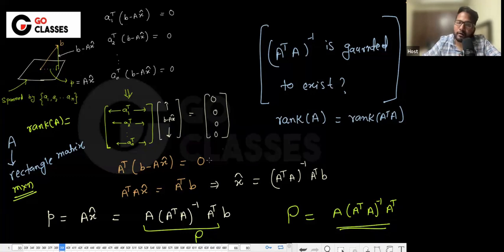So what we did, we said that if this is P, then this particular vector is perpendicular to all the vectors A1, A2, like this. And then we have got our projected vector, which is A x cap. Is this understood? And that is how we got our projection matrix.